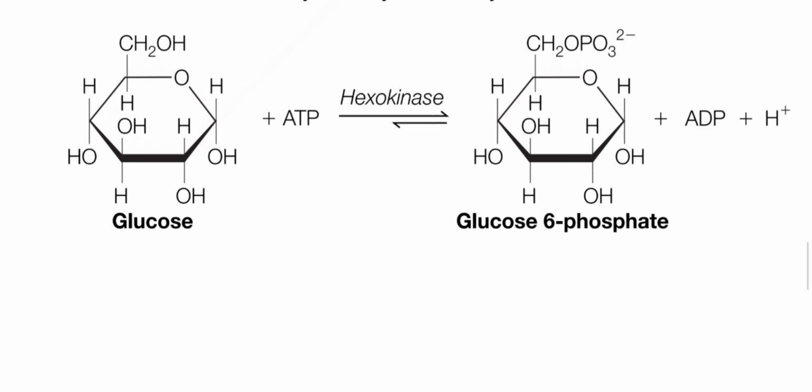This first reaction of glycolysis is an irreversible reaction. So why does the cell need to convert glucose into glucose 6 phosphate? In the previous video, as I mentioned, glucose is transported from the extracellular space into the cell. The cell needs to trap this glucose inside the cell. So in this trapping reaction, the phosphate is added to the glucose.